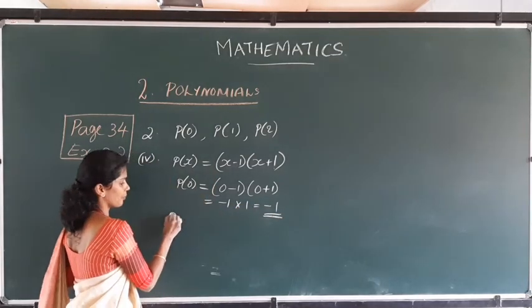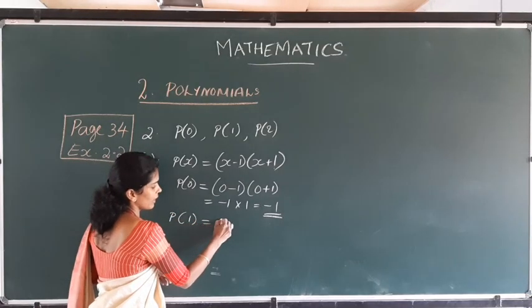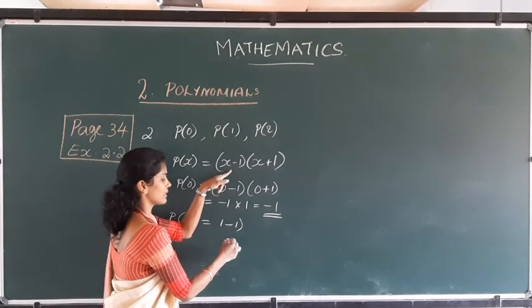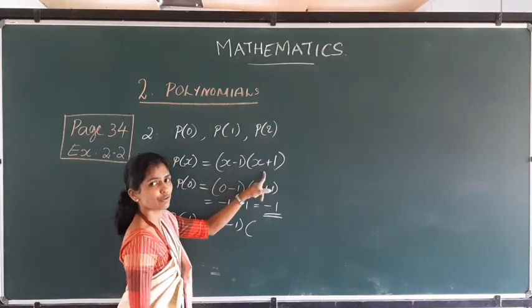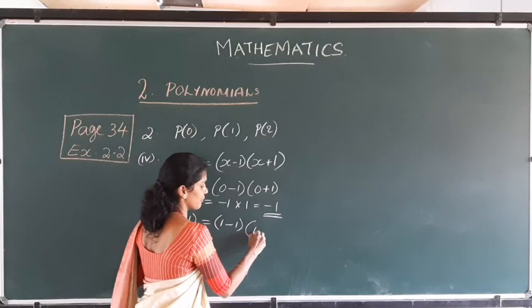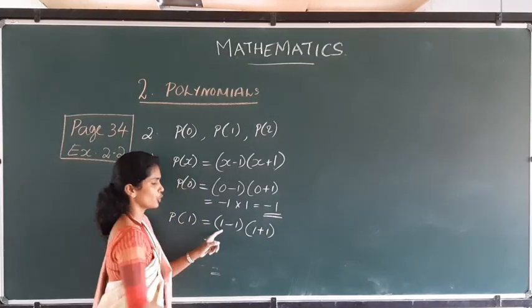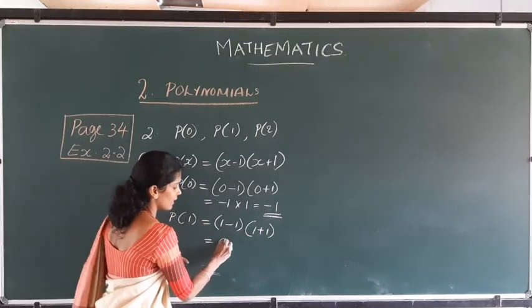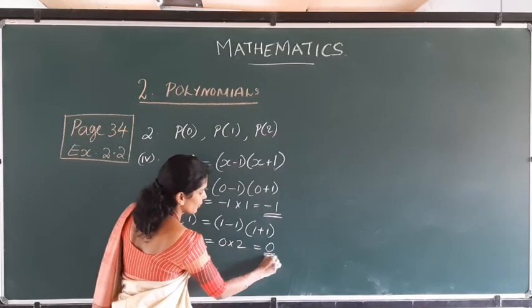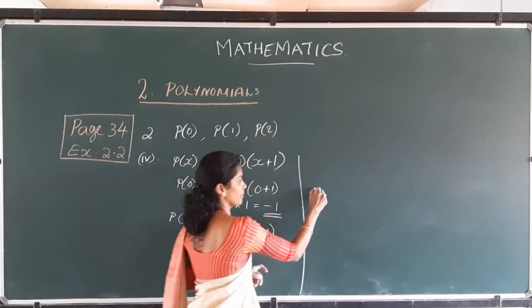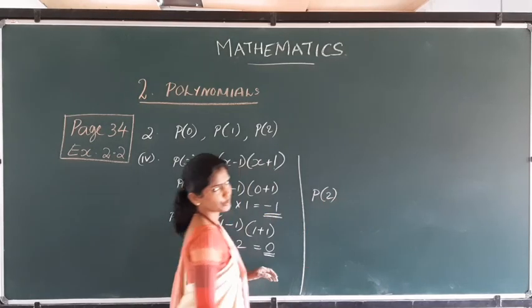Then what about p of 1? In the place of x minus 1, we can write 1 minus 1. In the place of x plus 1, we write 1 plus 1. This is equal to 1 minus 1 is 0. Therefore, 0 into 2 is equal to 0. Again, we want to find p of 2.